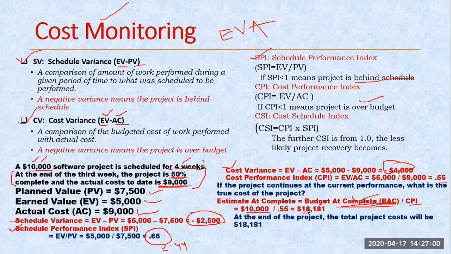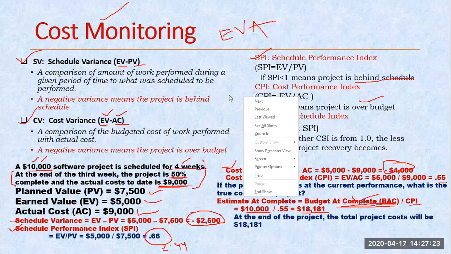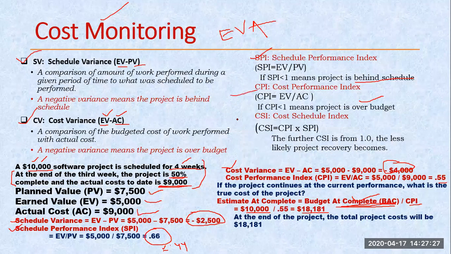So now my new value will become 18,181. If we are moving at this speed, at my current velocity, my project needs this much budget. If we compare with respect to the cost, this is the value I actually need. That is the meaning of this particular one.